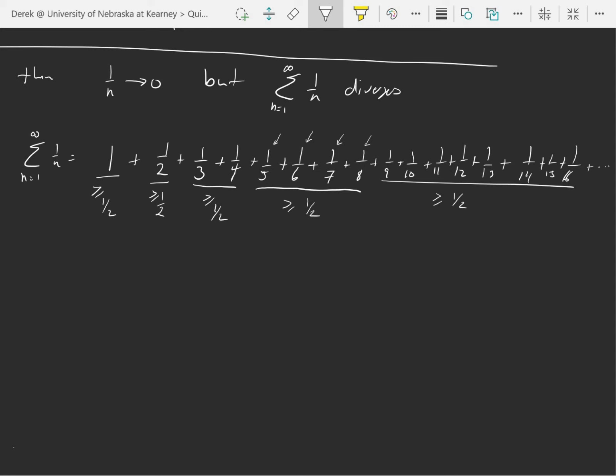I can keep doing this indefinitely, so I'm adding up something bigger than a half plus something bigger than a half plus something bigger than a half. It's absolutely going to have to diverge, right? I can't keep adding things bigger than a half and be bounded. So this series diverges as it's always 1/2 bigger after going to the next power of 2.